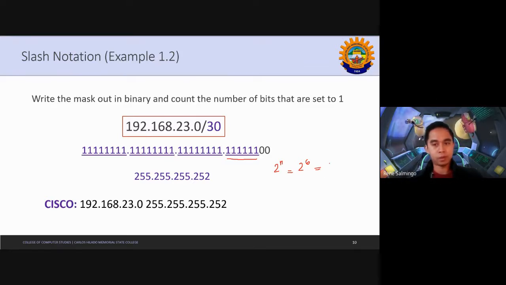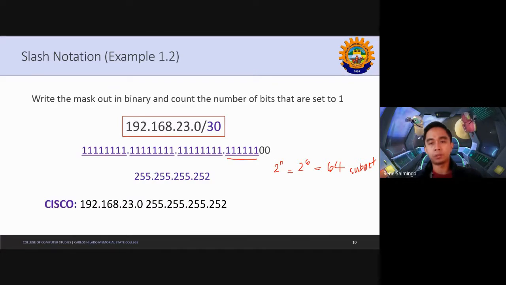You have 64, right? So you have 64. These are the subnets, the number of subnets. How many are the hosts per subnet in this example?